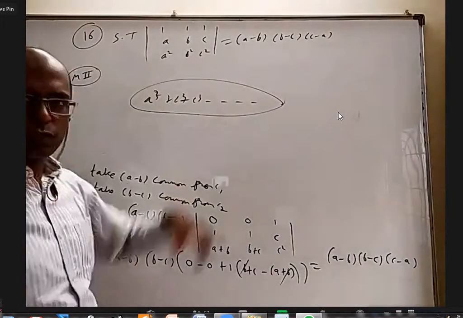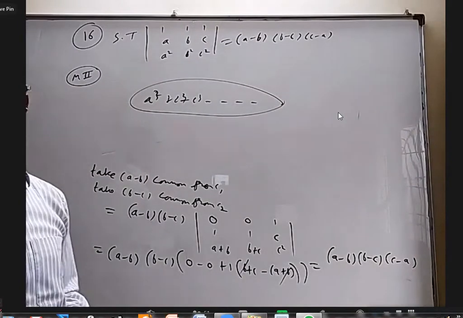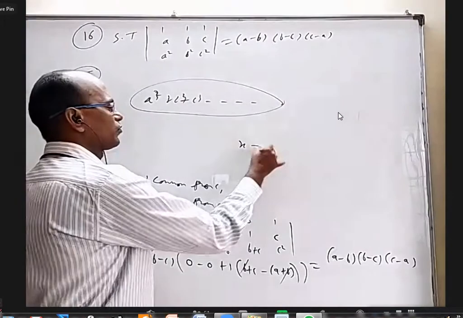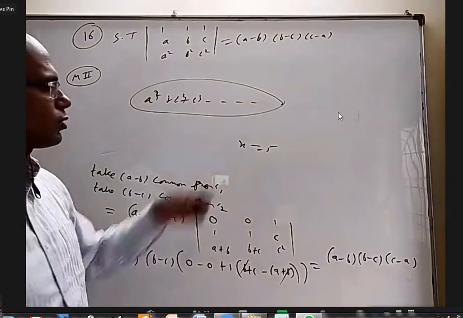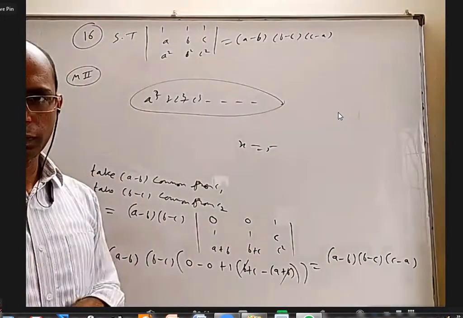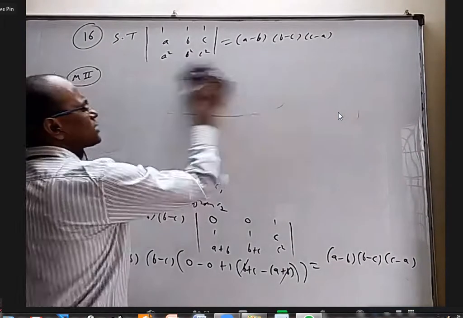If the expression becomes 0, then a minus b is a factor of that. It is like putting x equal to 5: if it becomes 0, x minus 5 is a divisor of that, right? Yes, sir.